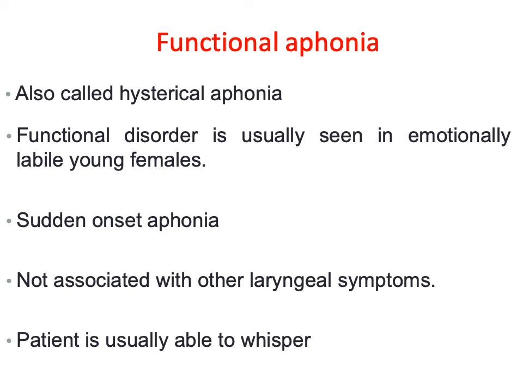And when we do a laryngeal examination, everything looks normal. But we should be very careful when dealing with such a child, because it's important to take the history. Usually what happens is they are undergoing some stress in life.